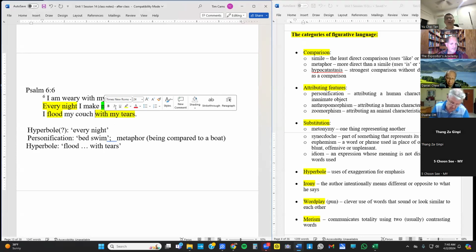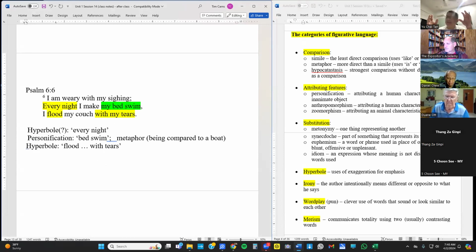Pastor Tim, I just want to get a handle on this. In terms of what could be the potential error if someone is going to teach or even preach on Psalm 6, and didn't realize that the word every night is actually a hyperbole, and then the personification and so on.